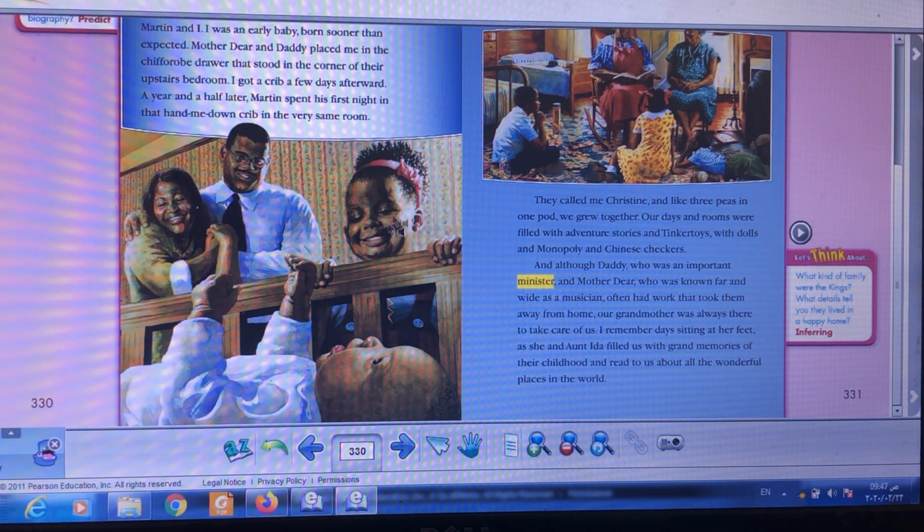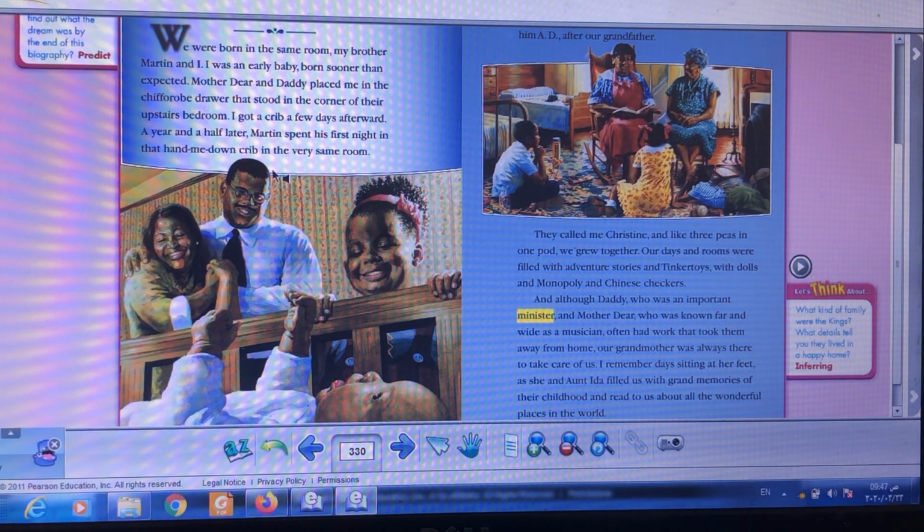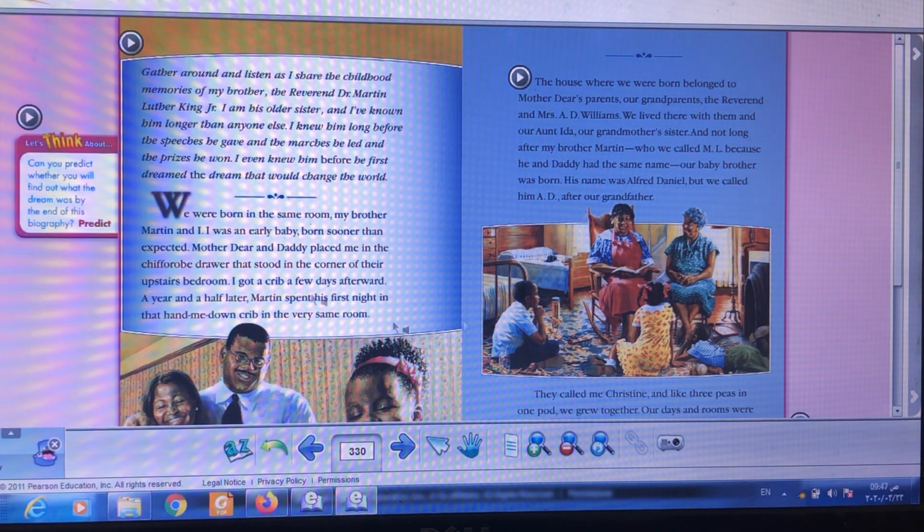This is Christine, the sister of Martin Luther King, and this is Martin Luther King Jr.'s dad and mom. The story starts here in the first two pages. They are talking about the birth of Martin Luther King. Listen to the pages here, and we will discuss them together.